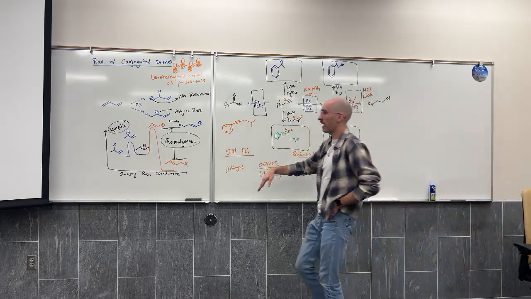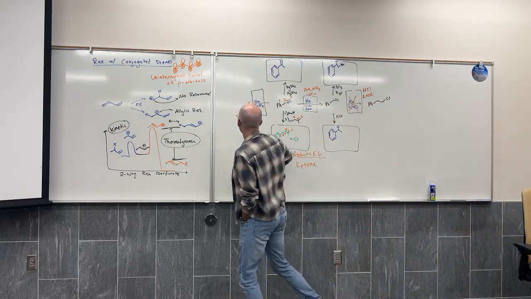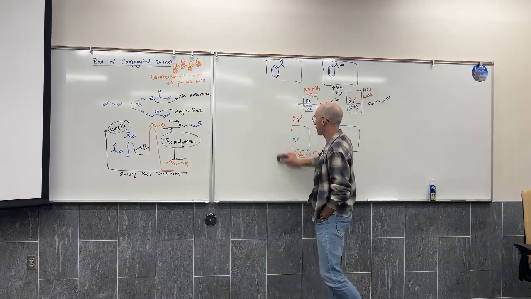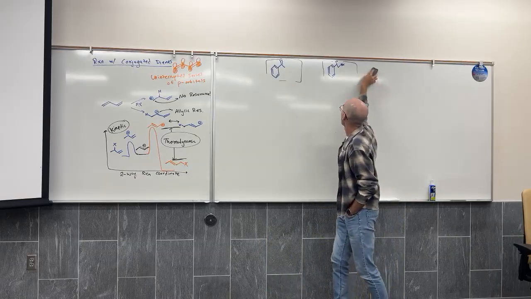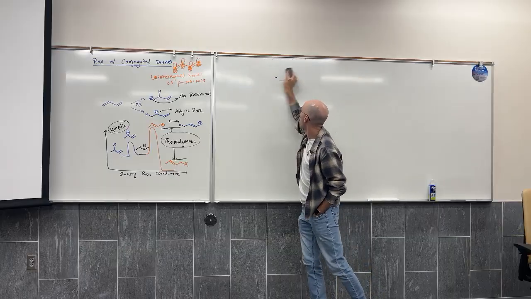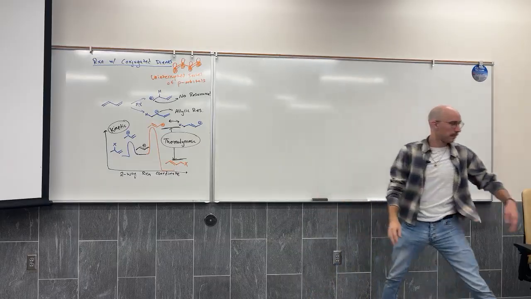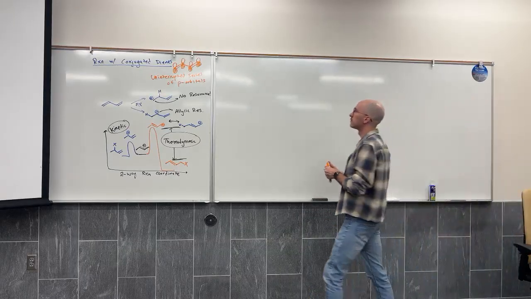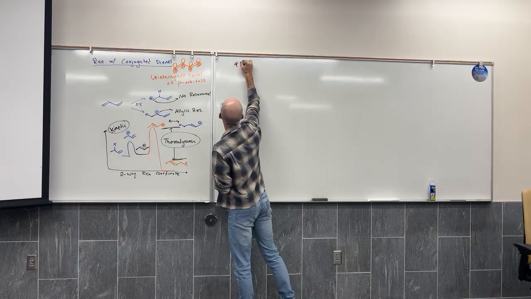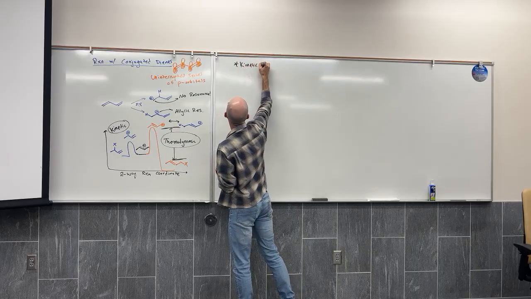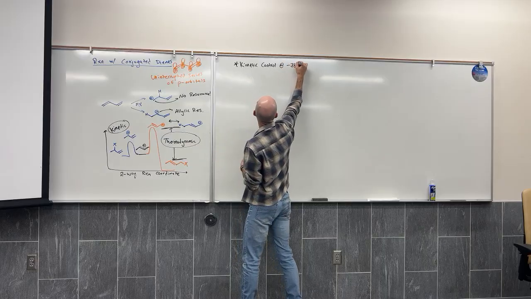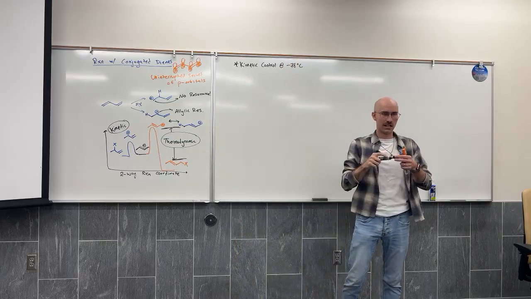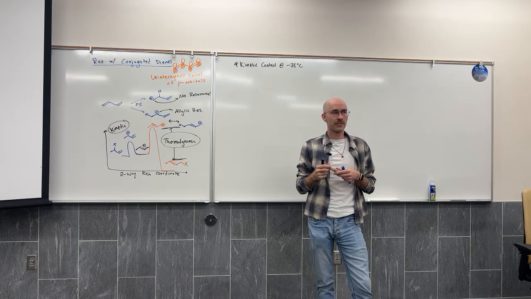So we see this with HX addition, that we've got two different products, thermodynamic and kinetic. And so we can control which product forms by using temperature. Kinetic control requires us to run this reaction at 78 degrees below 0 Celsius.